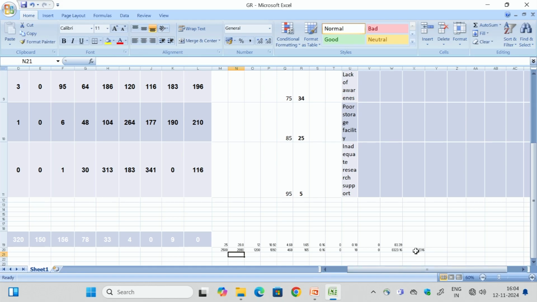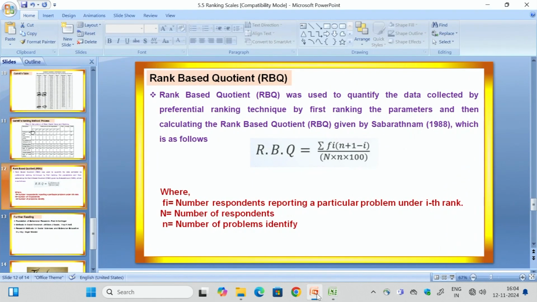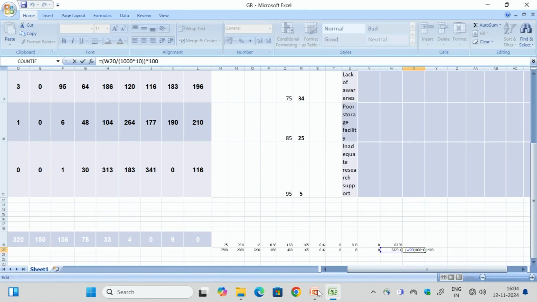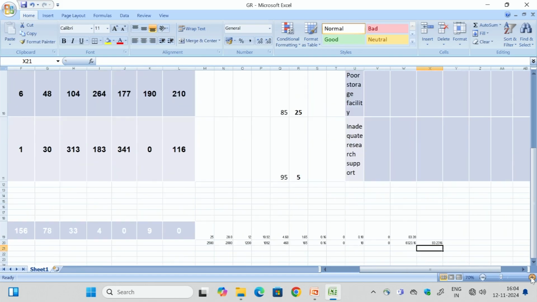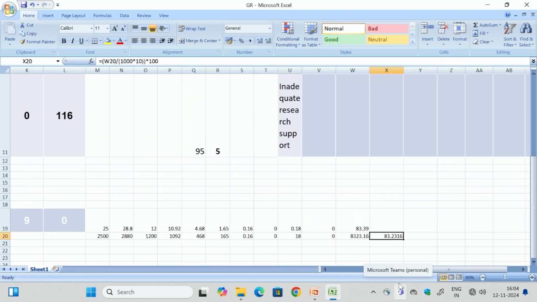Then divide this whole summation by your number of respondents into number of problems into 100. The number of respondents is 1000, the number of problems is 10, and it is into 100. If you do that, you arrive at 83.23, which is the rank based quotient for that particular problem.